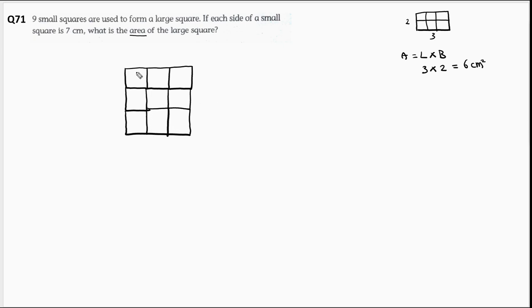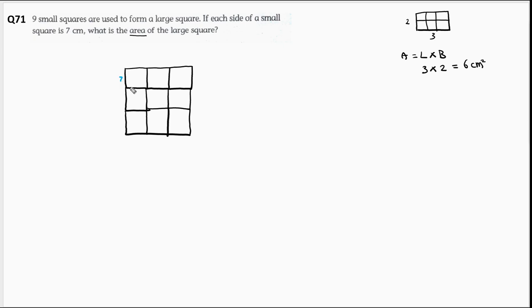So you would have 1, 2, 3, 4, 5, 6, 7, 8, 9. So we have 9 squares arranged to form a large square. I think that would be fairly easy because you've probably modeled things like this, or seen things like this. So what does it tell us? It tells us that each side of a small square is 7 centimeters. I'm just going to put the numbers in.